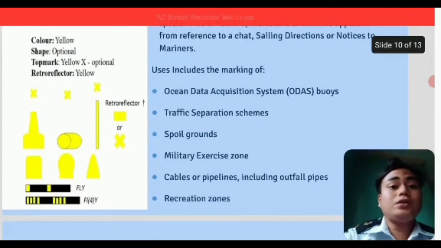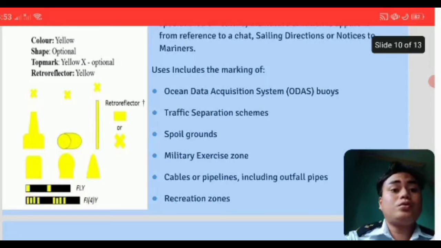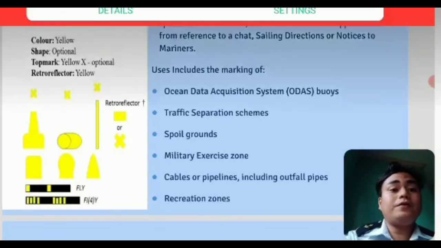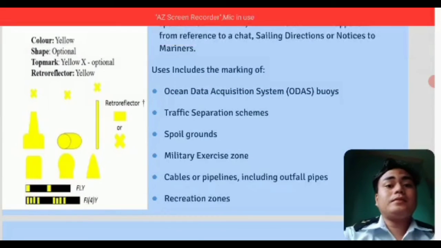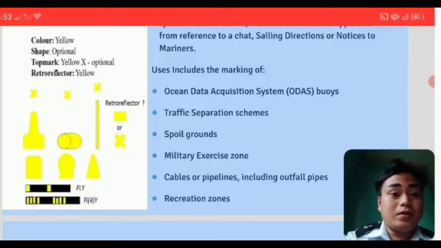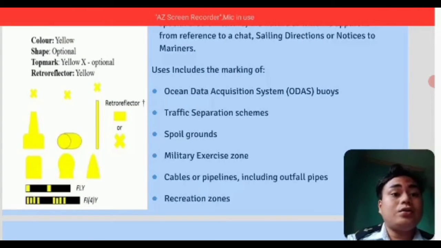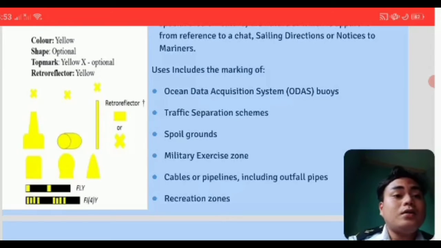Uses include the marking of ocean data acquisition systems.